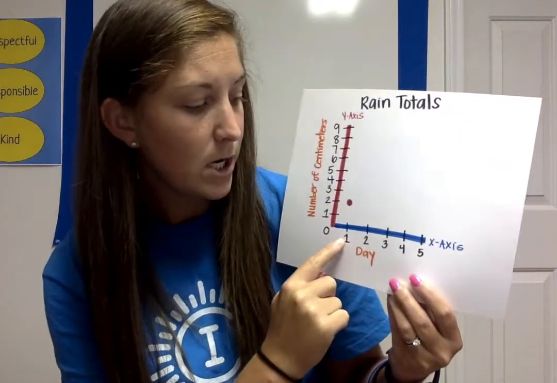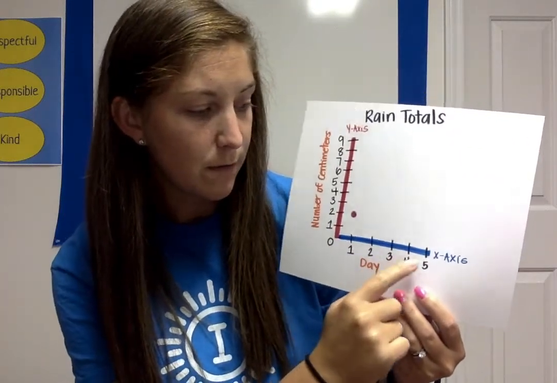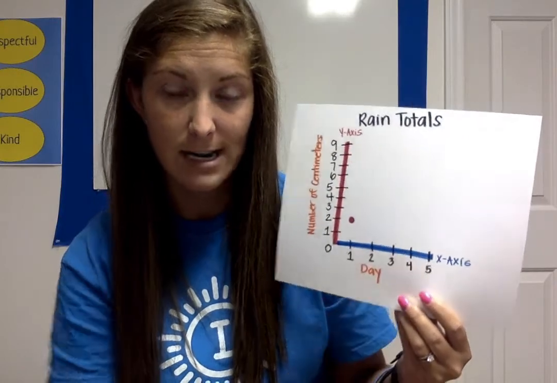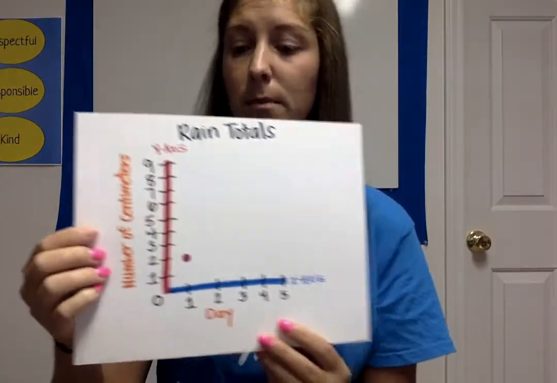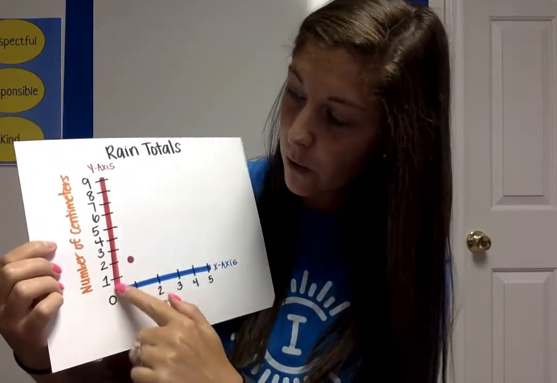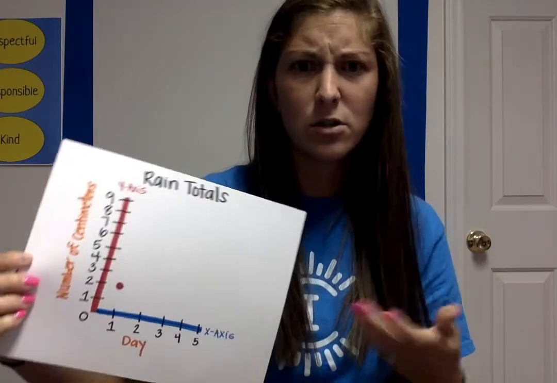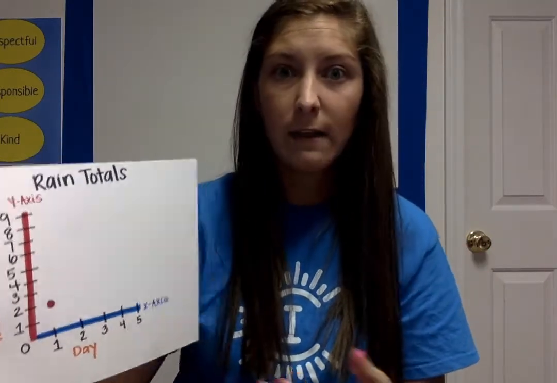So down here, we know that these numbers, 1, 2, 3, 4, 5, represent days. Day 1, day 2, day 3, day 4, and day 5. Notice over here on the y-axis that this represents the number of centimeters. So we have to assume that's the number of centimeters of rain that they received.